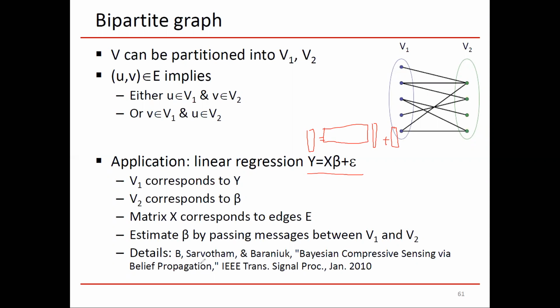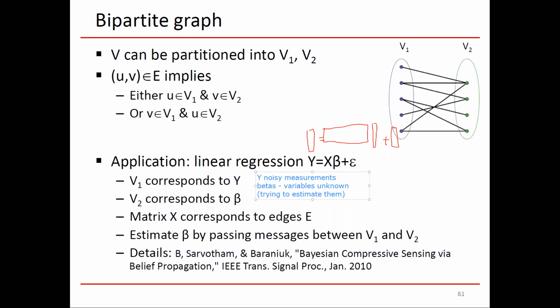Details appear in a paper by myself, Sriram Sarvotham and Rich Baraniuk. V1 is going to correspond to the y's. You can think of y's as noisy measurements. What about the betas? The betas are the variables that are unknown, and we're trying to estimate them.